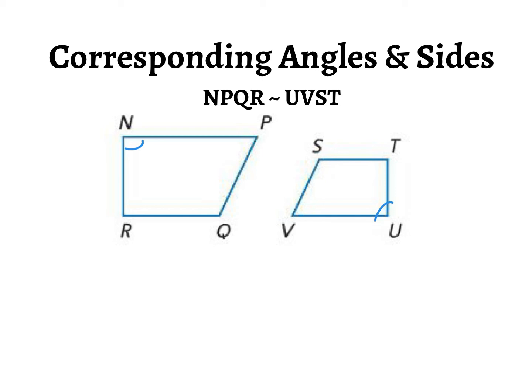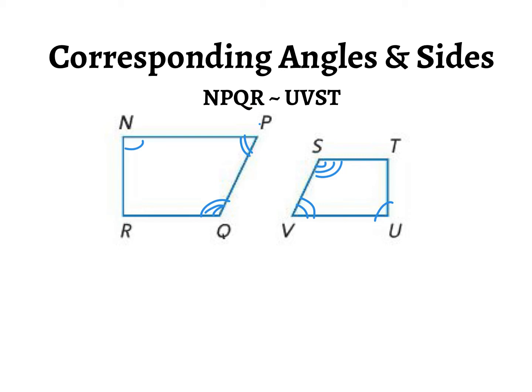P corresponds with V because those are the second letters. Q corresponds with S. And then R corresponds with T, so this angle should be congruent to this angle.